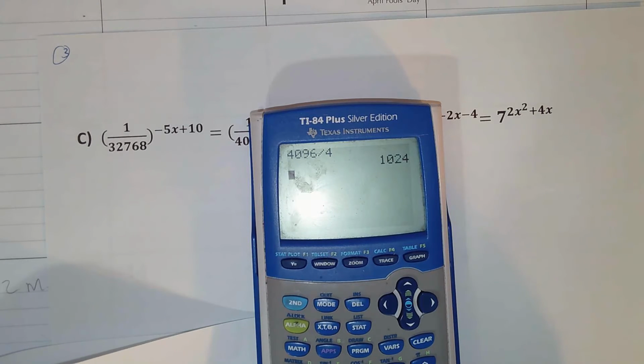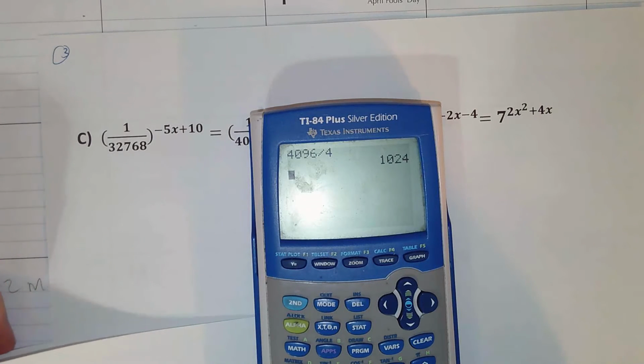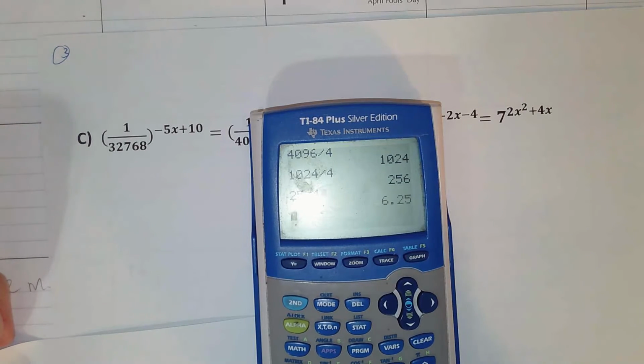Okay, that gives us 1024. 1024, we could divide that by 4. That brings us to 256. 256 divided by 4 is 64.